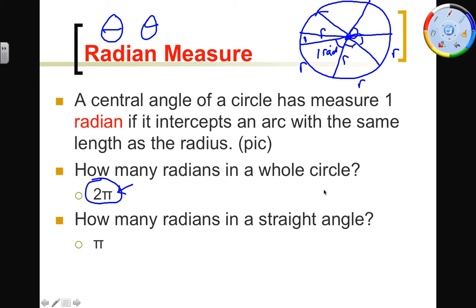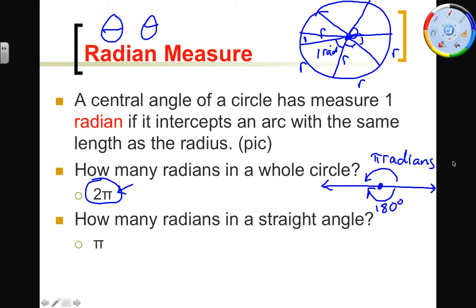So if you have a straight angle like this, straight angle, the radian measure is pi radians. But the other reason this is super important for us is now we can compare radians to degrees, because we know that this also is 180 degrees.